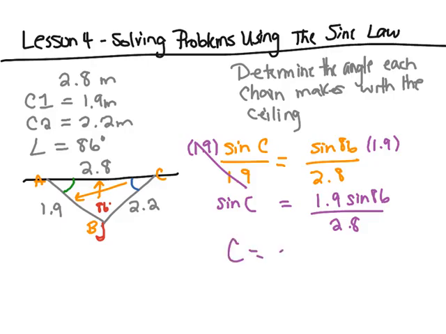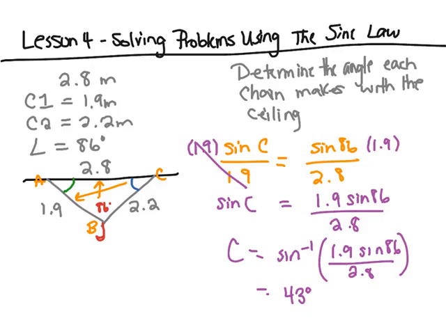And we have to take sine to the negative 1 of that. So sine to the negative 1 of 1.9 sine 86 divided by 2.8. You type this all in, and you should get, to the nearest degree, 43 degrees.